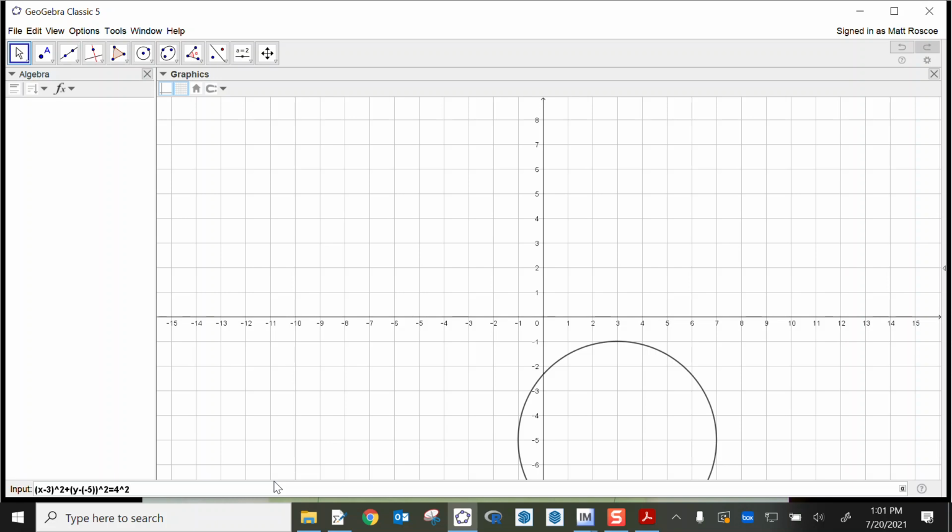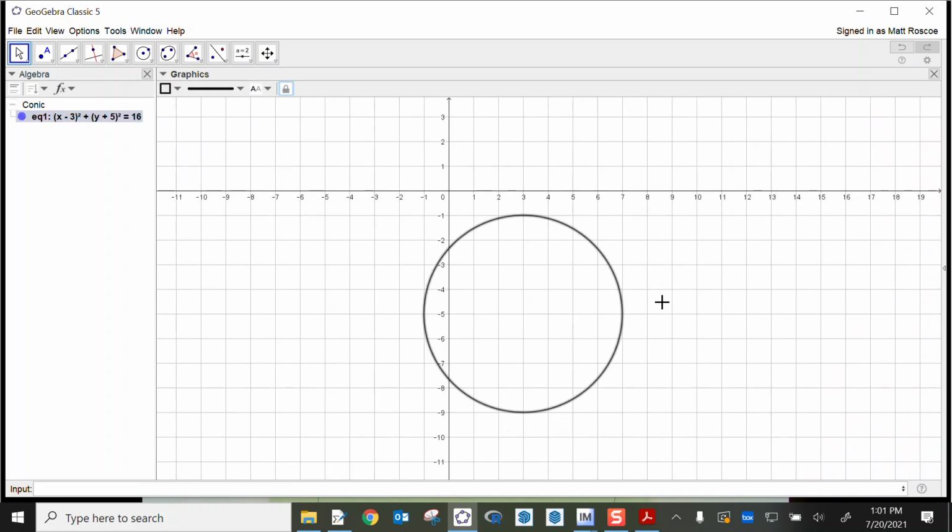And there it is. I'll hit enter, and it adds this circle. It does appear to be a circle centered at (3, -5), so I'll put that there with a radius of 4, right? Yep, there it is.